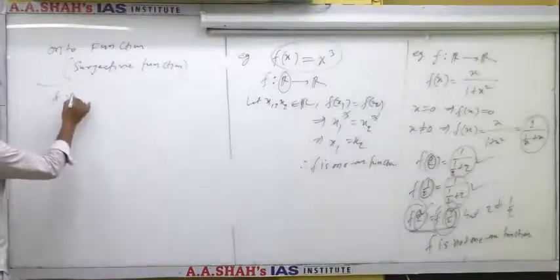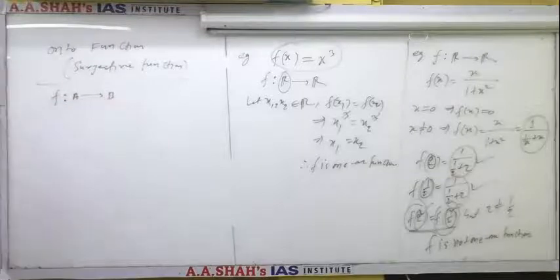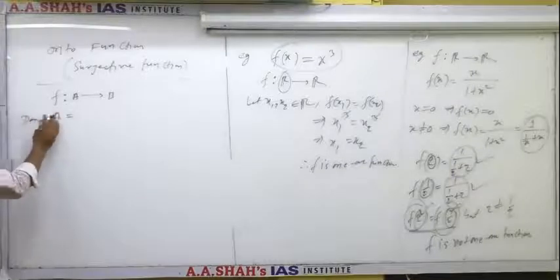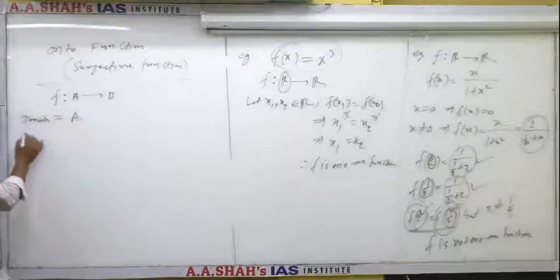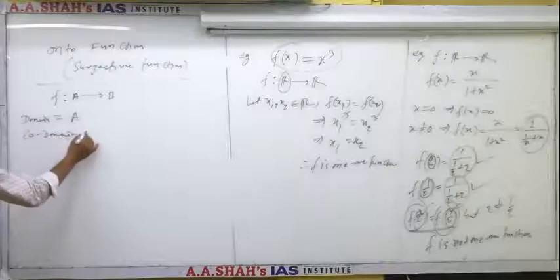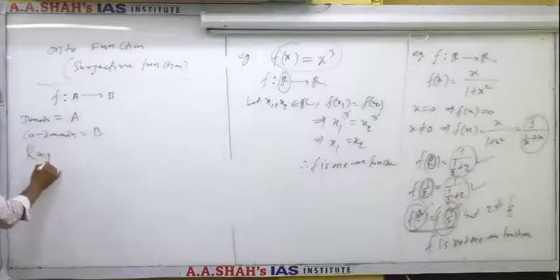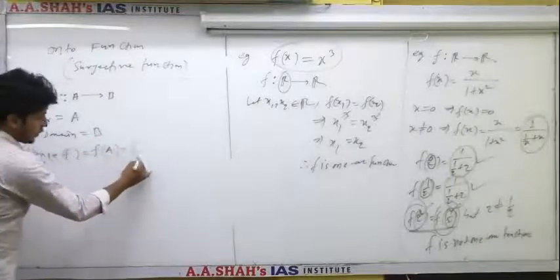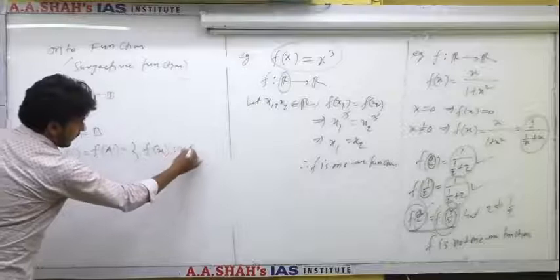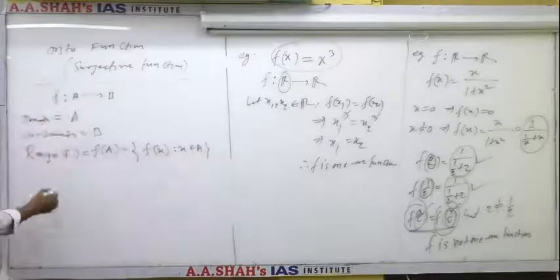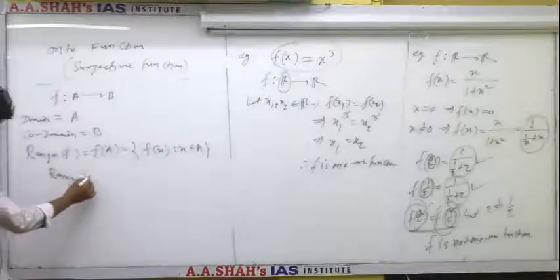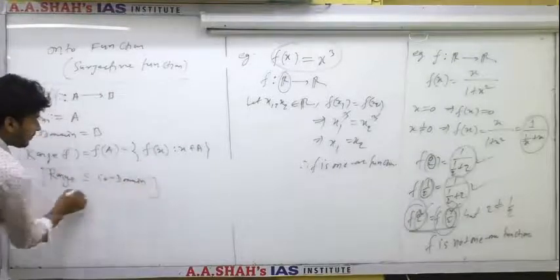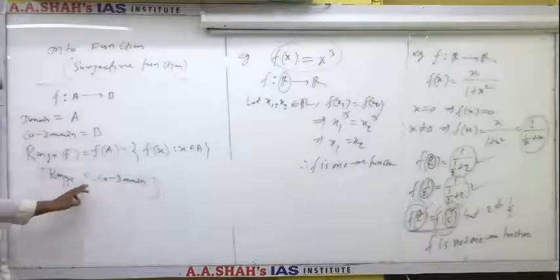If f is a function from set A to set B, then we say A is the domain, codomain is set B, and range of f, we call it f(A), means the set of all f(x) such that x belongs to A. And in general, range is a subset of codomain. In case of any function, range is always a subset of codomain.